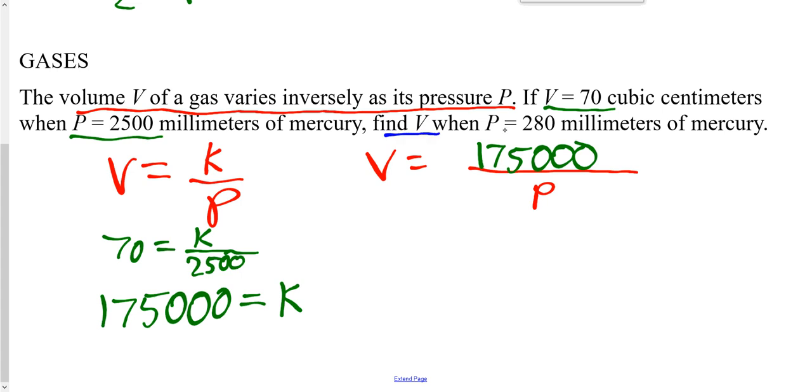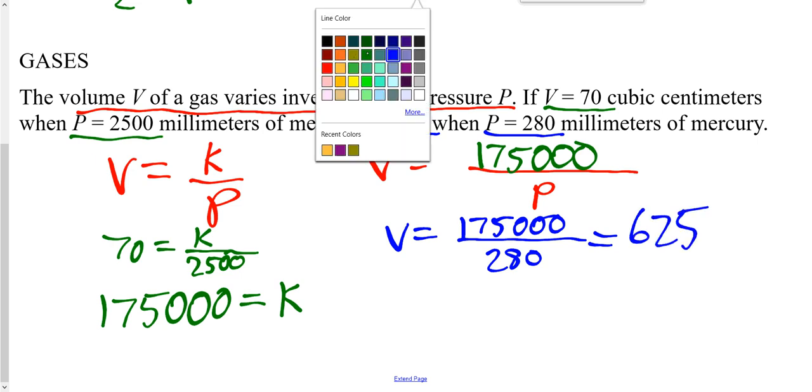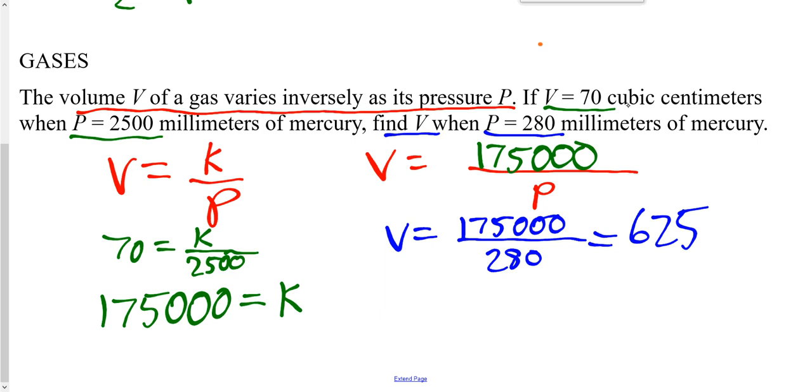We need to find v when p is this. And we get 625. We were looking for volume. Now you'll notice in your problem here, volume is in cubic centimeters, so I'm going to have to go centimeters cubed.